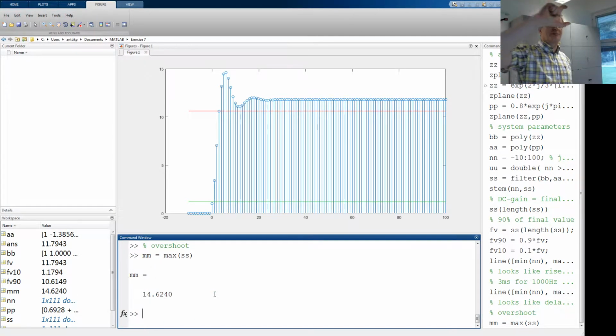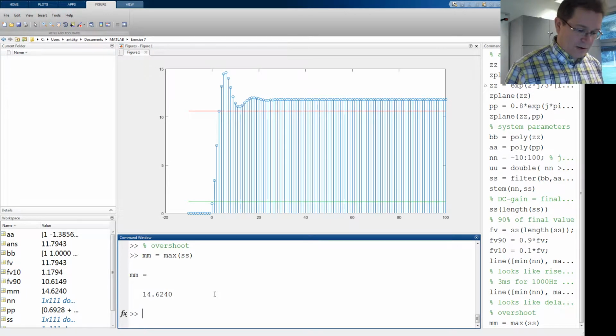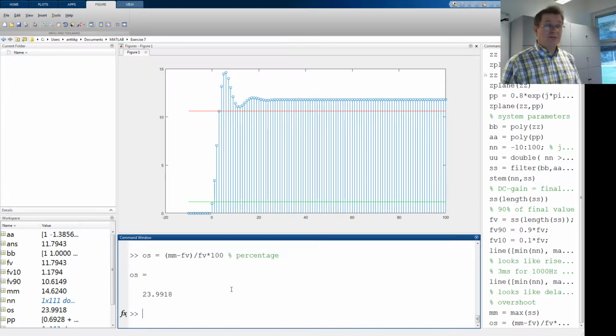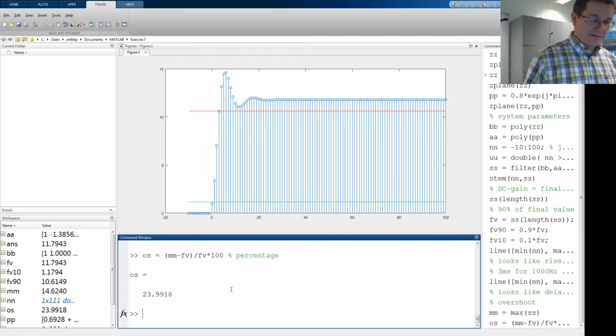The overshoot is a percentage over the DC gain. So basically the overshoot is the maximum minus that DC gain, which was FV, divided by FV times 100. So it's basically in percent. 24% overshoot. Okay, makes kind of sort of sense.